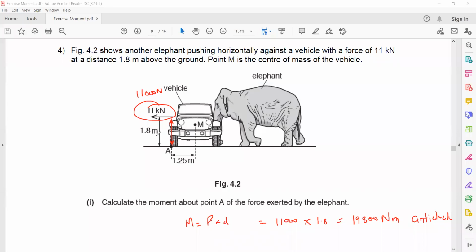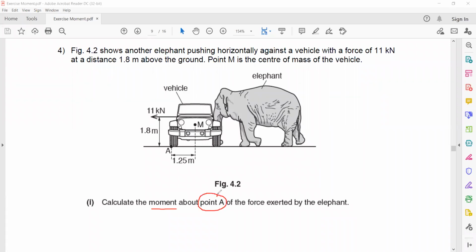Look, in the first part, they're asking to calculate the moment about point A, or turning effect about point A, of the force exerted by the elephant. This elephant is exerting the force on the car, and what it is trying to do is topple the car.